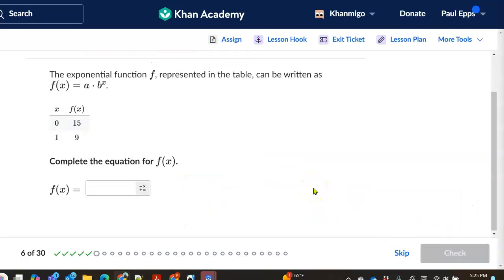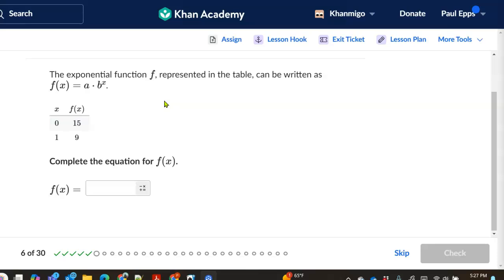The exponential function f, represented in the table, can be written as f of x equals a times b to the x. Complete the equation for f of x. All right, if x is 0, it doesn't really matter what b is, because that is going to come out to be 1.